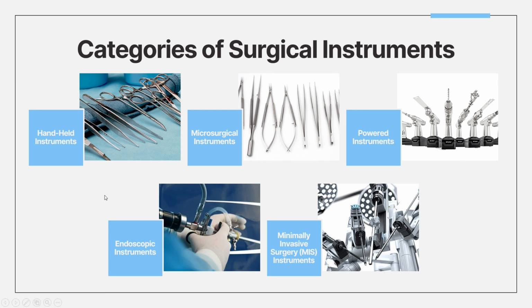We have endoscopic instruments. Examples include flexible endoscopes, which are used to visualize inside the intestines, for example. There's also rigid scopes, and both flexible and rigid scopes are used for internal procedures without the need of large incisions.